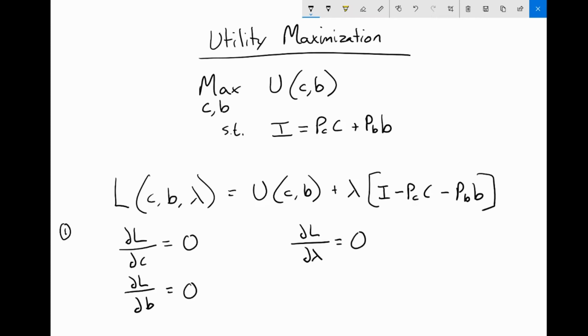And then we solve them. We solve for C star, B star, and lambda star. So that's an overview of how we approach this problem.